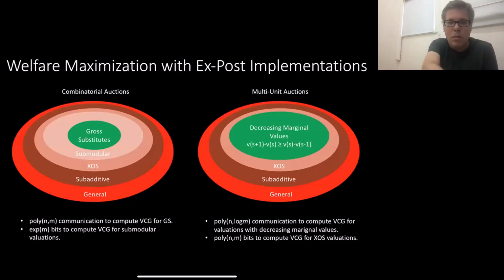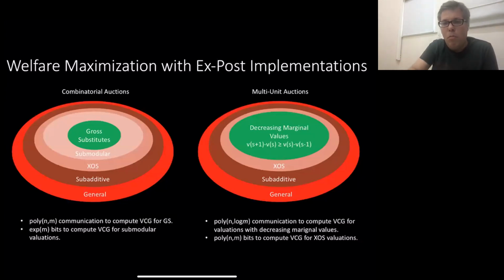Yeah, both statements are about communication, not about computation. I should have written that more clearly. You need to exchange exponentially many bits in order to know what the optimal solution is. That's exactly what you said. The communication needed is exponential. Yeah, the statement here wasn't precise, but I mean exactly what you mean.